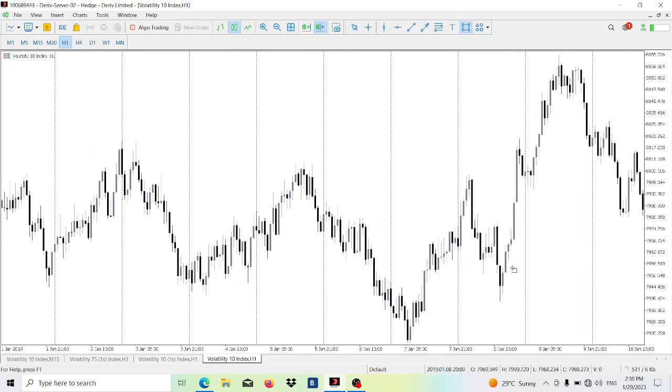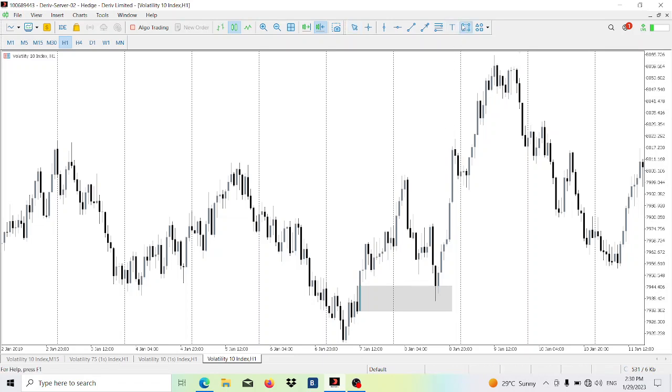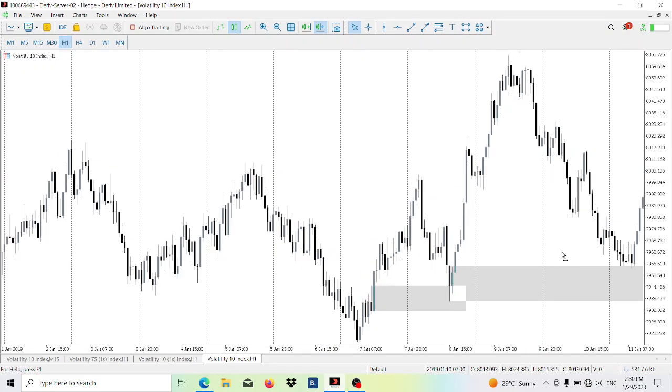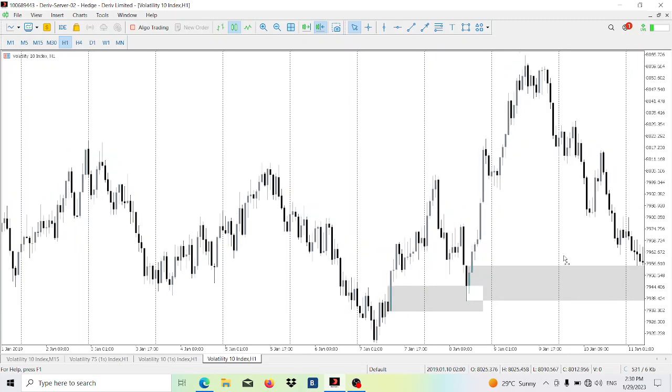From here, since we had a low here, we created an order block to the left side, filled imbalance, order block to the left side. I would say we also have an order block right here.